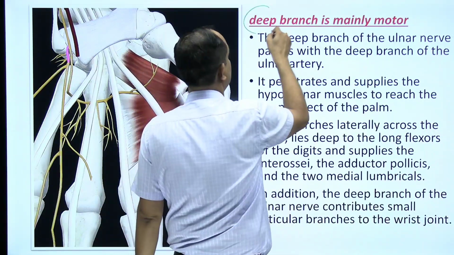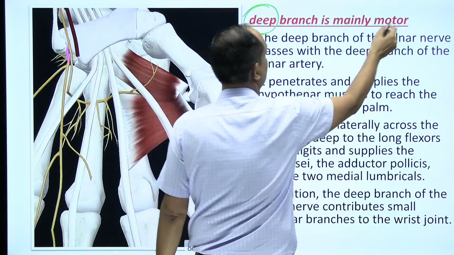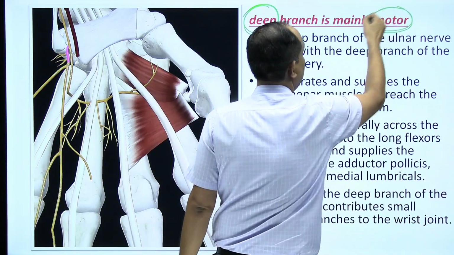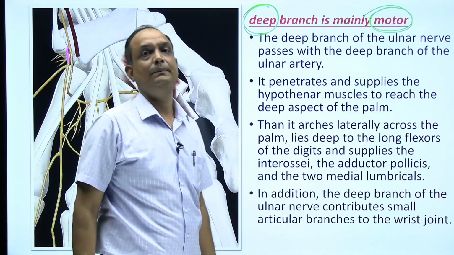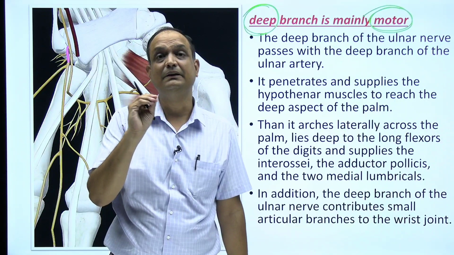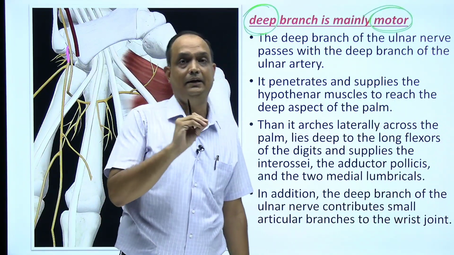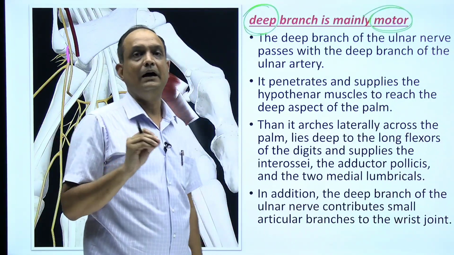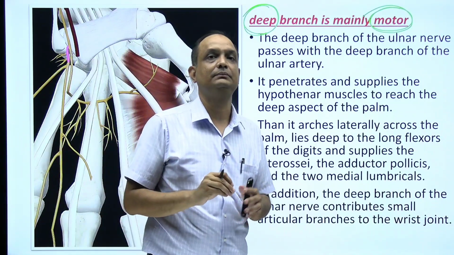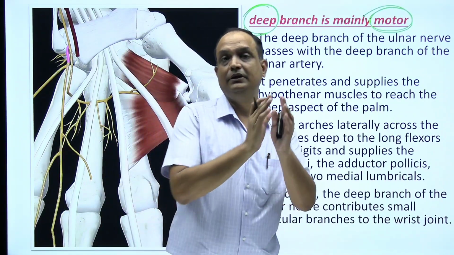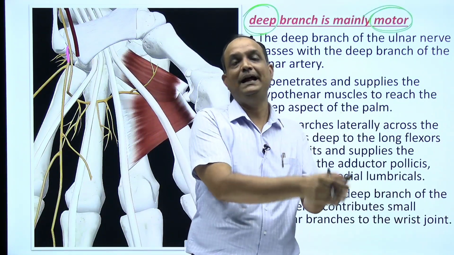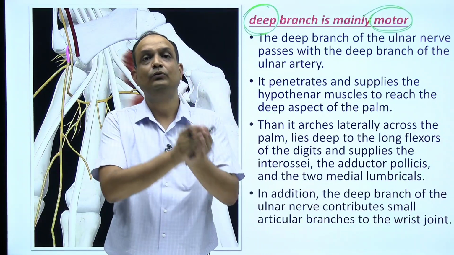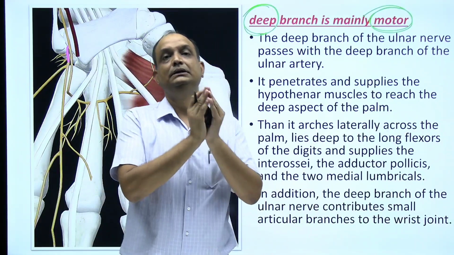Now, what about the deep branch of the ulnar nerve? The deep branch of the ulnar nerve is mainly motor or mainly muscular, and it supplies the intrinsic muscles of your hand. So, in the initial part I told you that the intrinsic muscles, except a few of them which are supplied by the median nerve, are majorly supplied by the ulnar nerve.